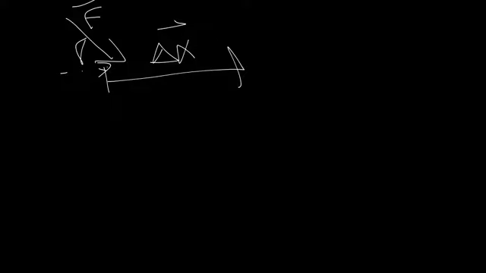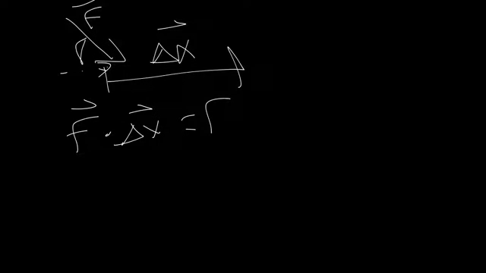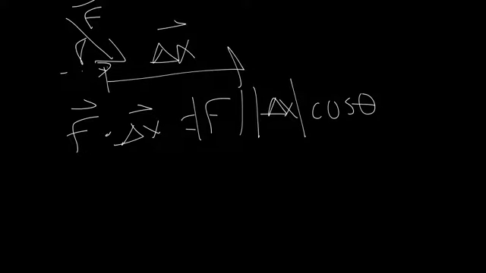And so the definition of work, which we kind of have been working with, is that F times displacement is actually F dot displacement, which is equal to the magnitude of F times the magnitude of the displacement times the cosine of the angle between them. And so we've used this in class, and we're going to also use this.